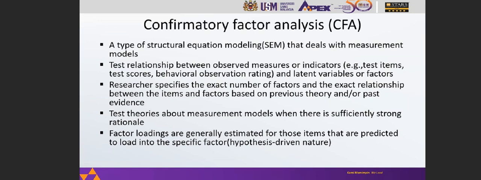Factor loadings are generally estimated for those items that are predicted to load onto the specific factor. So in CFA, we already decide how many factors we want to confirm. In exploratory, we explore how many factors. In CFA, we confirm the factors, we confirm the construct.